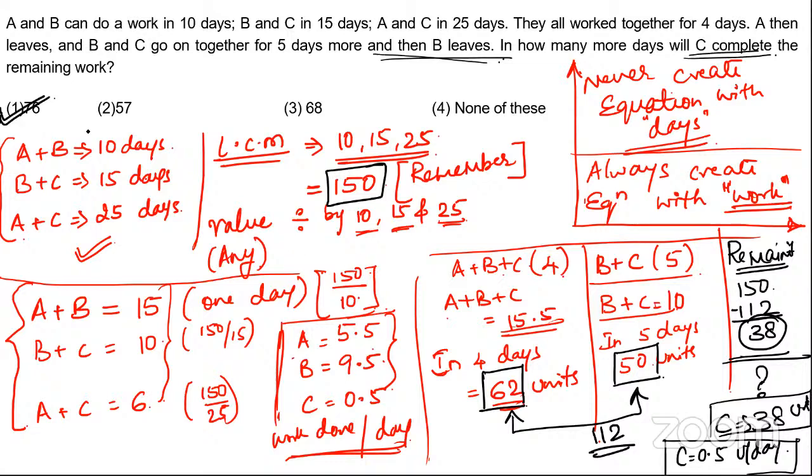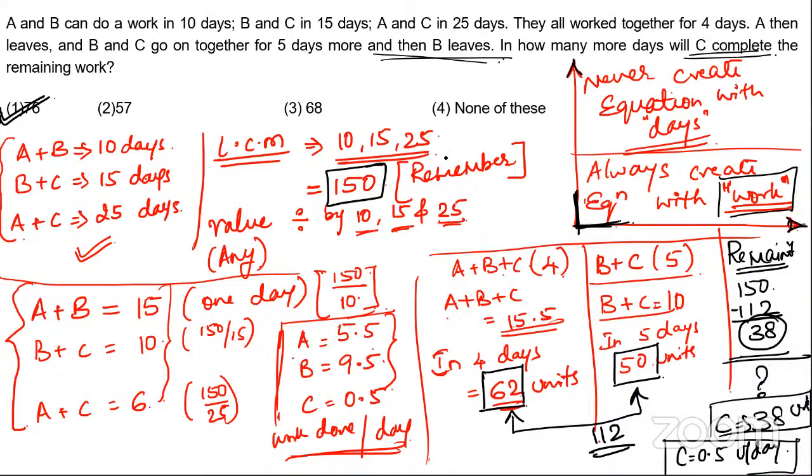Please understand this. I hope you have understood this concept. Do not worry about the length it has taken to complete, or the number of lines you have written. You have to remember this portion which I'm marking: never create equations with days. Always create equations with work.